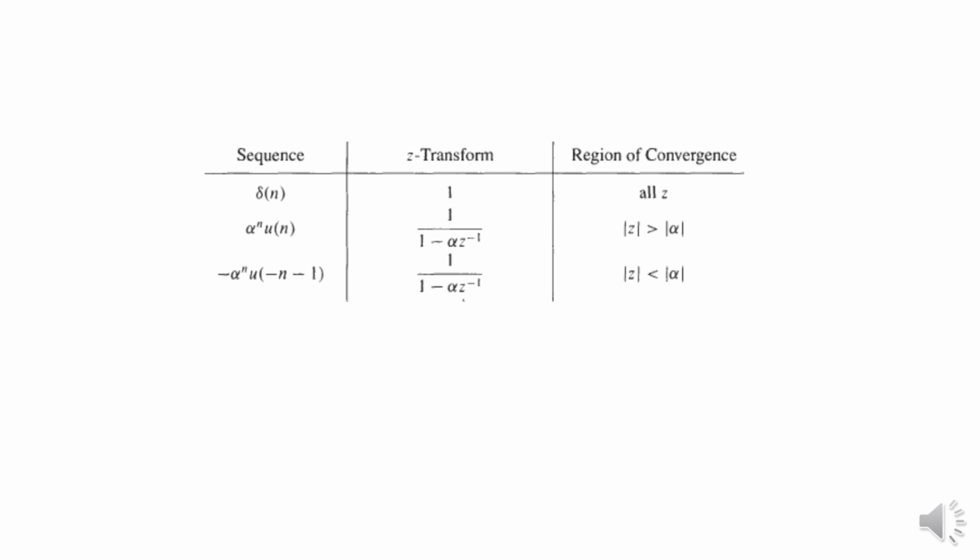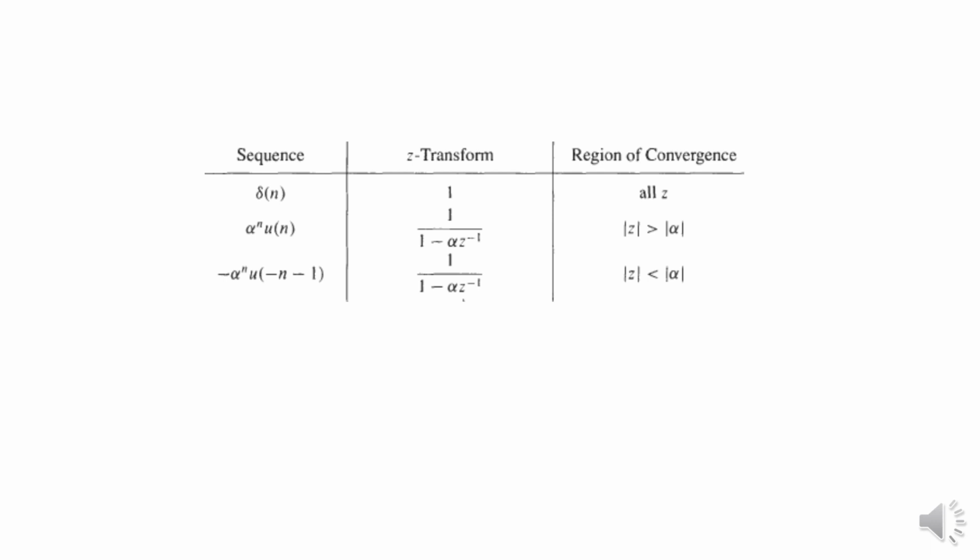So therefore we actually have 3 terms. In order to find the inverse z transform, we are going to take each term separately.